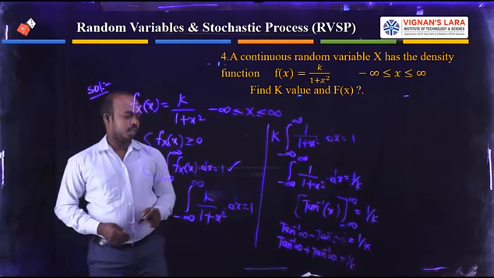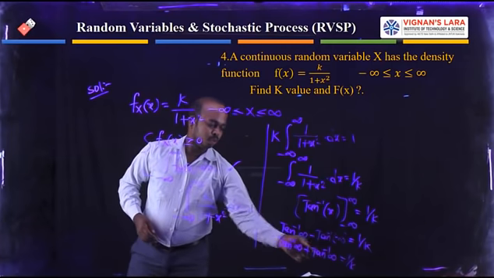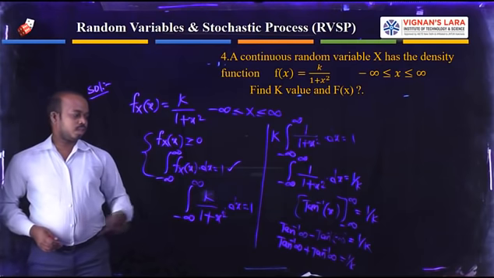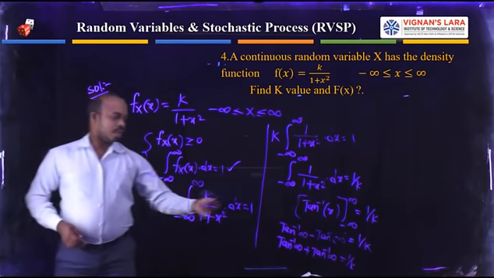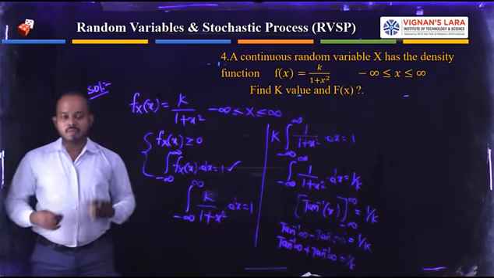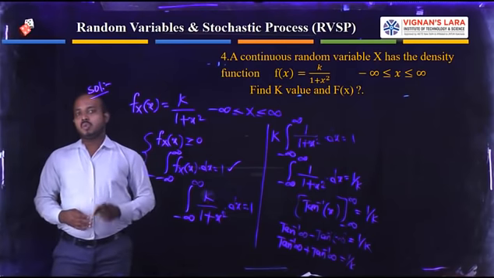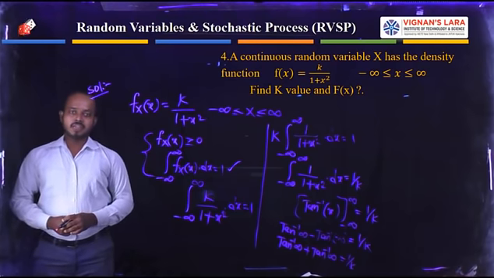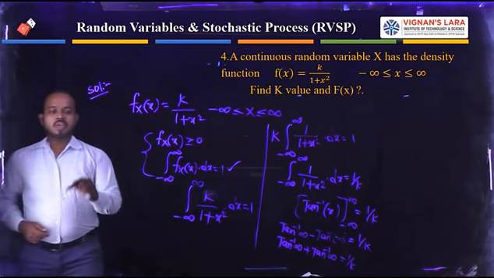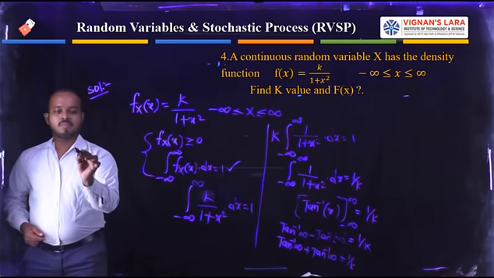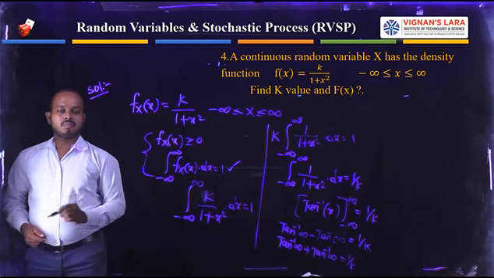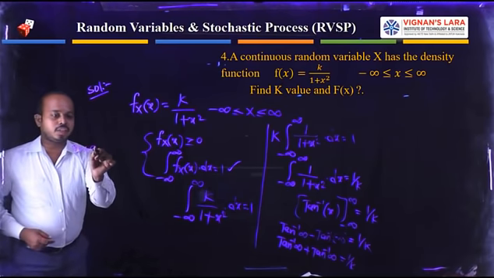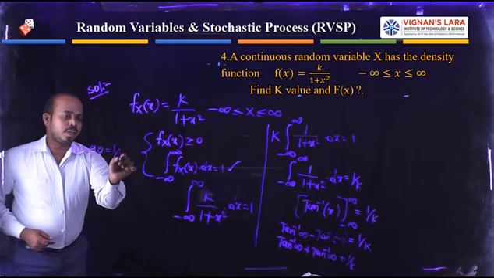Here how many functions do we have? We have 2 functions. When you get this value, the tan inverse of infinity, in the tan function we get the value infinity at 90 degrees. That's why we can sum these two quantities: 90 plus the other 90 is equal to 1 by k.